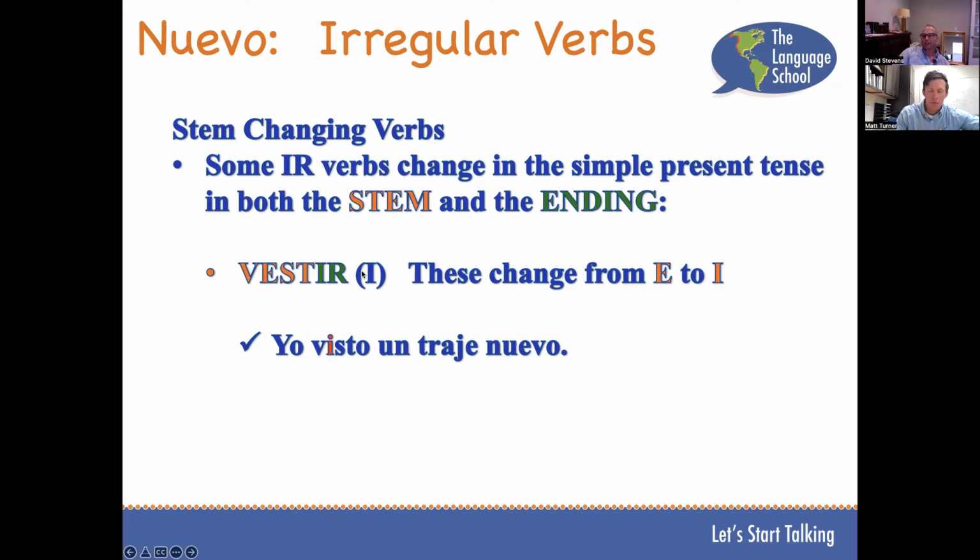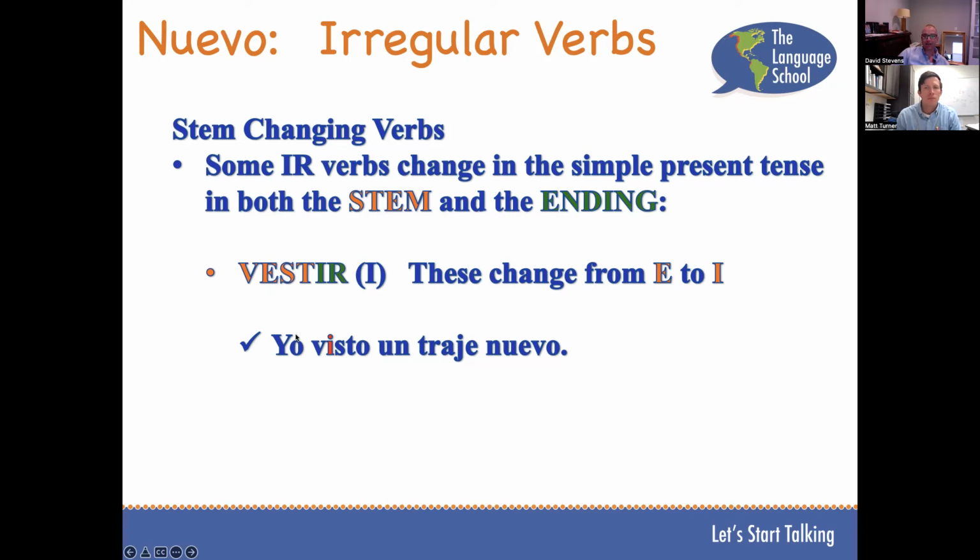What makes it irregular is if you see this little I in parentheses. When you look up verbs in a dictionary and you see letters in parentheses next to it, that's an indication that it's a stem changing verb. This I in parentheses means that the vowel right before the ending, in the second to last syllable, is going to change from an E to an I.